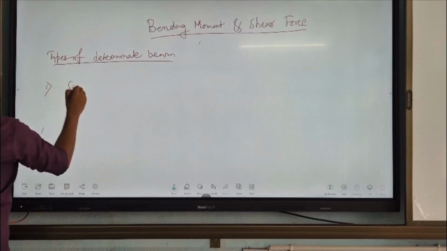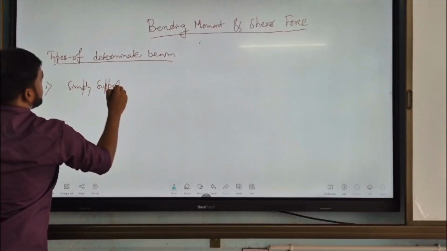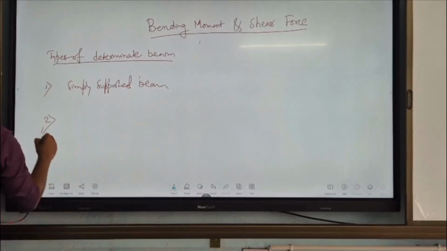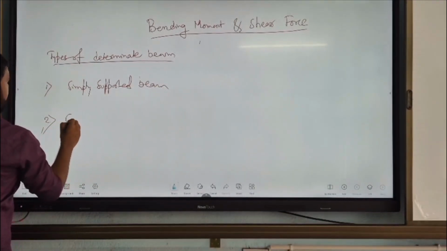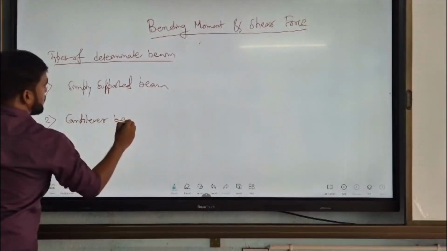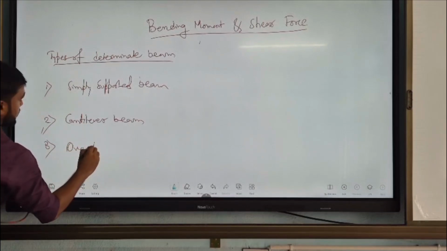Number one, simply supported beam. Number two is the cantilever beam. And number three is the overhang beam.